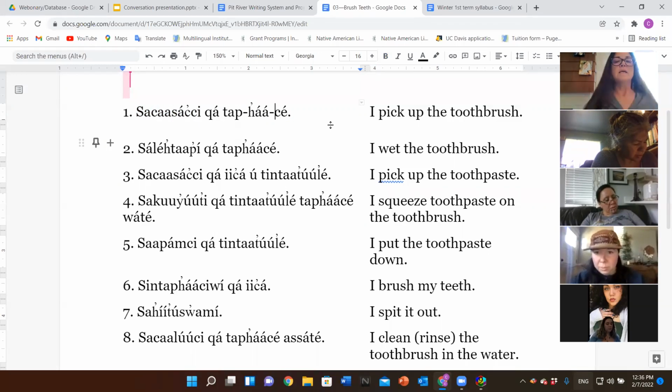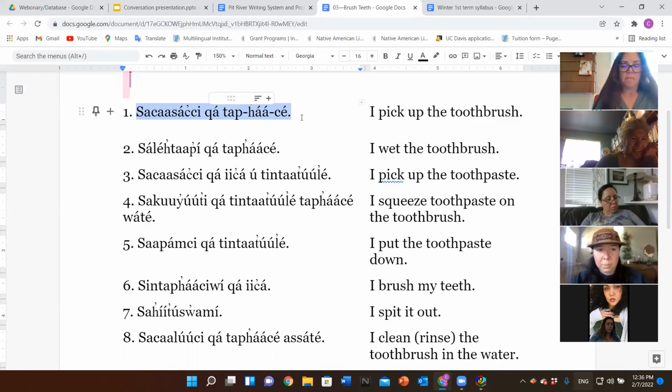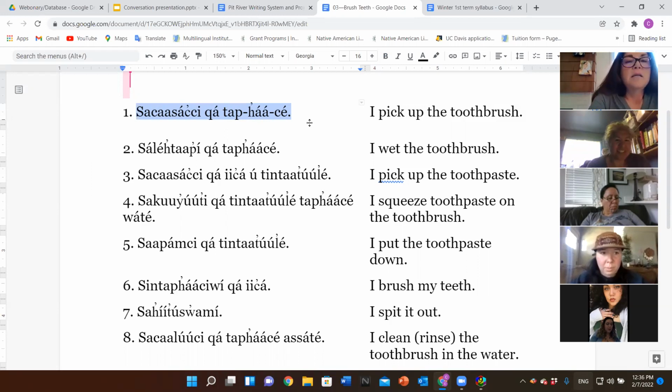Daphaje. Daphaje. Good. Saja satji ga daphaje. Saja satji daphaje.